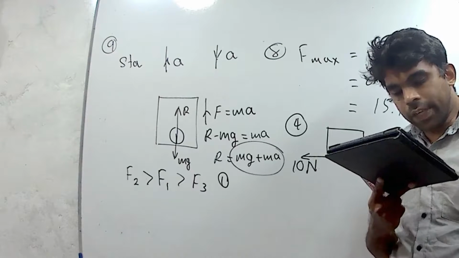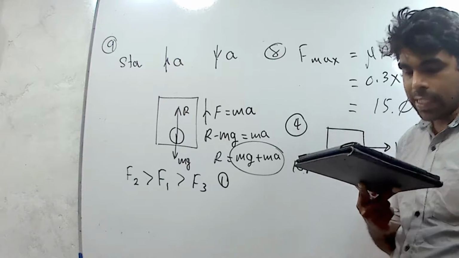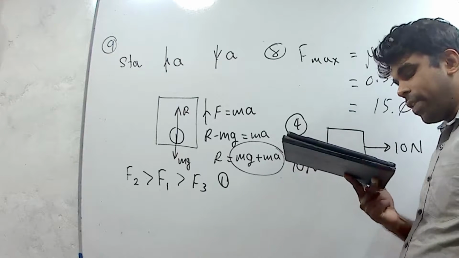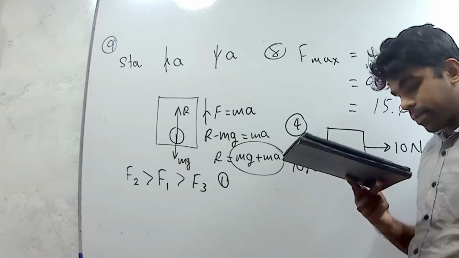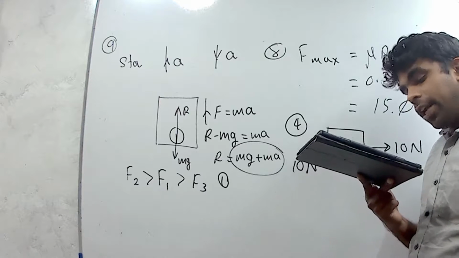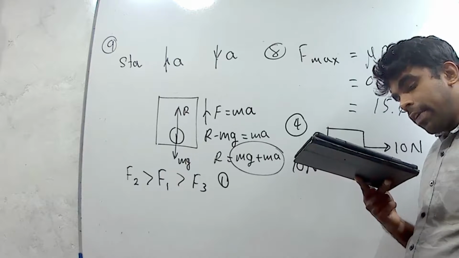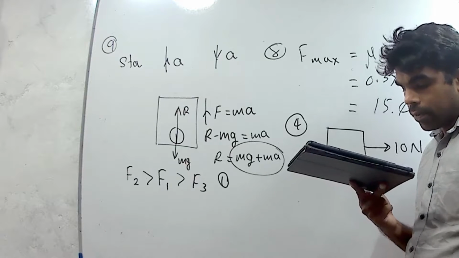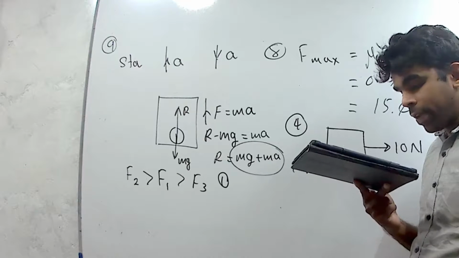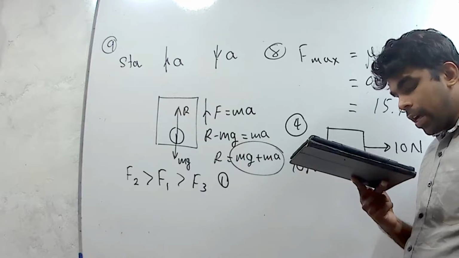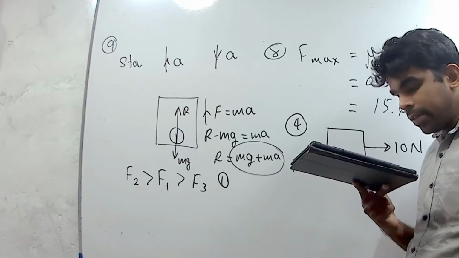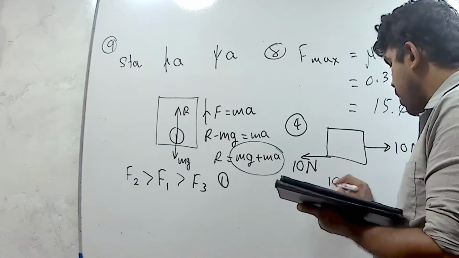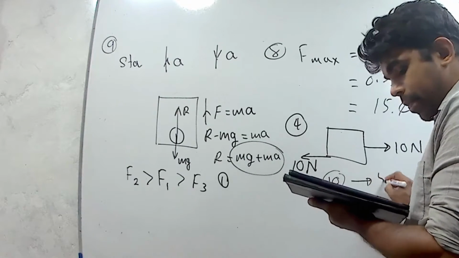If the given maximum force is less than limiting frictional force, the graph will be like A. And if the given maximum force is greater than limiting frictional force, the graph will be like C. Then only A and C are correct. Answer is 5 for question number 10.